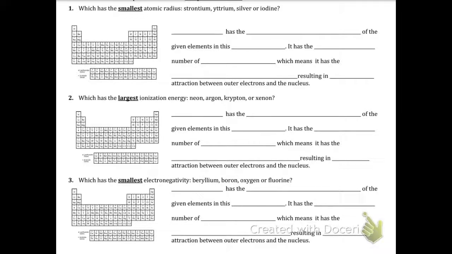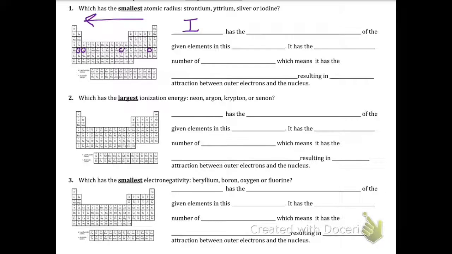Let me mark them really quick. So we have strontium, deuterium, silver, and iodine. So smallest atomic radius. It gets bigger going to the left, so the smallest one is going to be iodine.